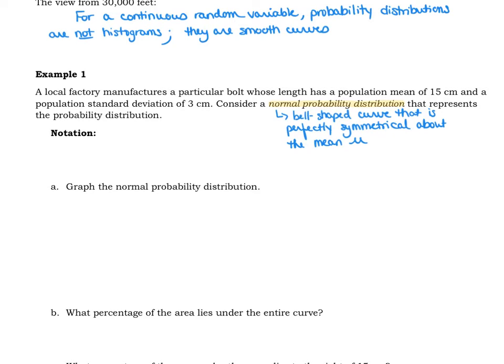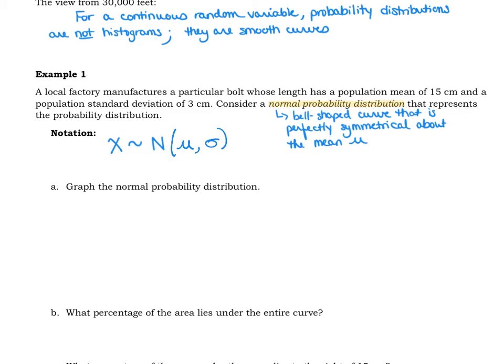The notation for that would be x, your random variable, whatever that is. In this case, the length of a bolt would be x, is distributed, so our little tilde or squiggly line, capital N for normally, with a mean of whatever that happens to be, and a standard deviation of whatever the standard deviation happens to be.